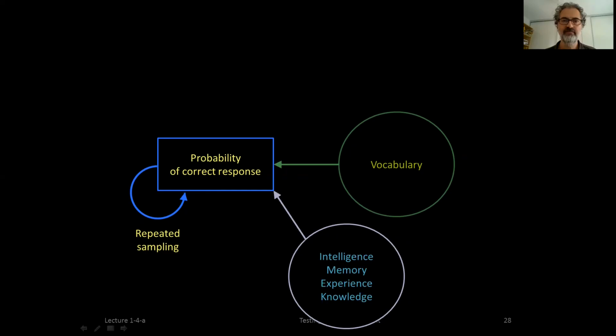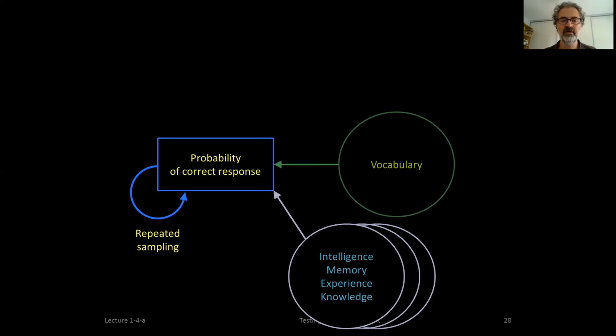And these are, for one part, a number of general things like intelligence, memory, experience, for example, experience with tests, general knowledge of other kinds of things, situations, whether you get stressed in testing situations or not, and a whole bunch of general things will also affect whether or not you answer correctly a question about vocabulary. So this thing that you obtain doesn't only depend on this thing that you want.